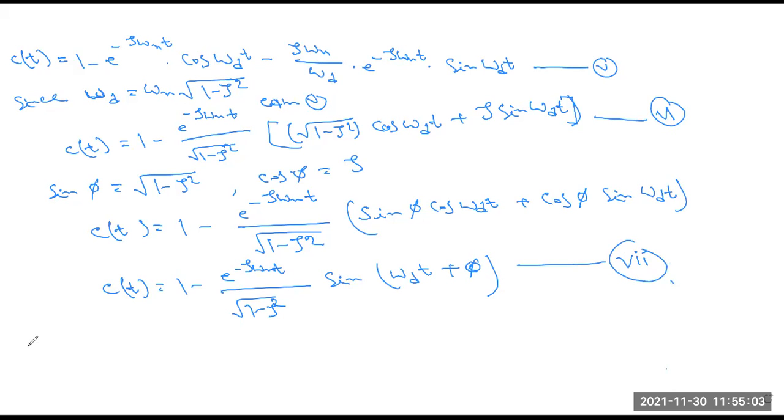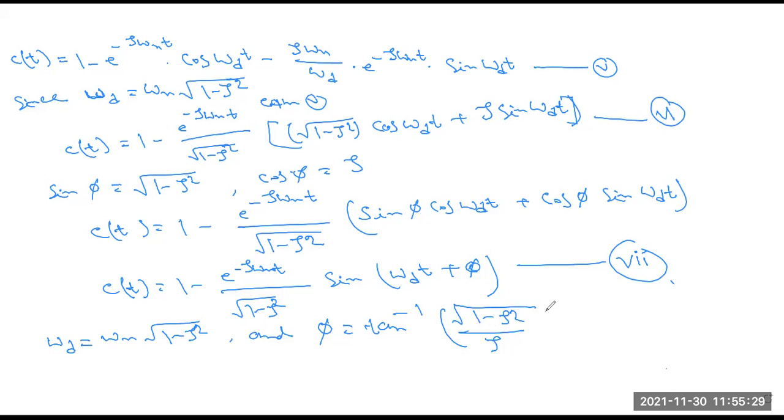Now we have to apply omega d equals omega n root over of 1 minus zeta square. And we know another function, phi equals tan inverse of root over of 1 minus zeta square by zeta. So now we apply this equation, phi equals tan inverse root over of 1 minus zeta square by zeta.